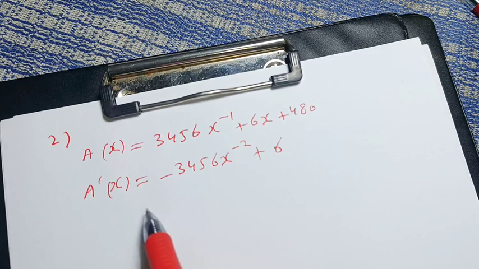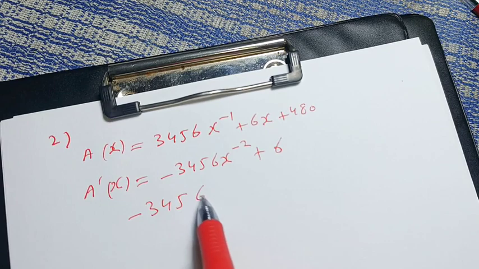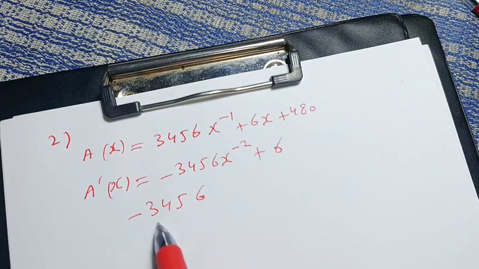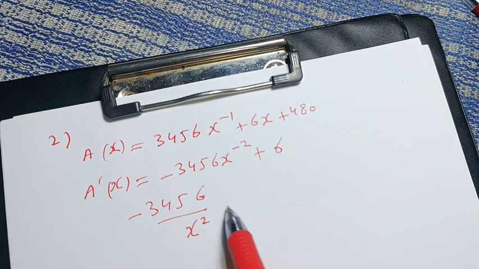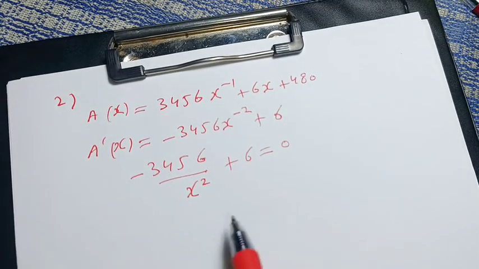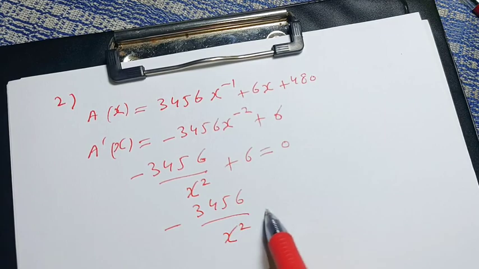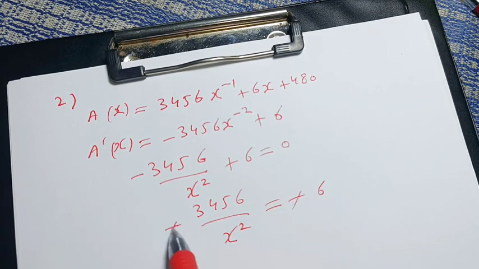Now this first derivative must be equal to 0. So negative 3456 x to the power negative 2, when I pull down, becomes over x power 2, plus 6 is equal to 0. Now I'm going to solve for x here. So negative 3456 over x power 2 becomes negative 6, cancelled.